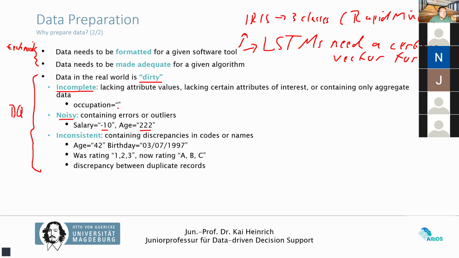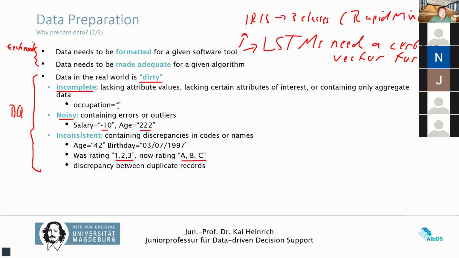Inconsistent: discrepancies in codes or names, like age is 42, but we have a birthday, right? So it doesn't really work. The person couldn't be 42 and born on that day. So there's a discrepancy. In one table, the rating is 1, 2, 3, and now it's A, B, C. Discrepancy between duplicate records.